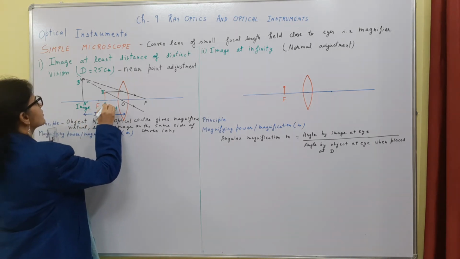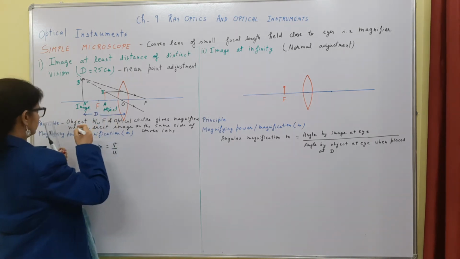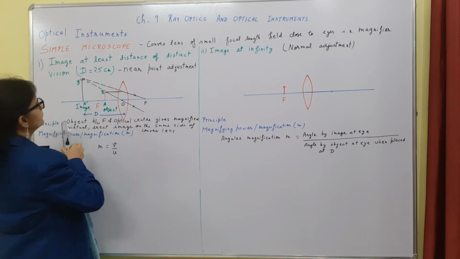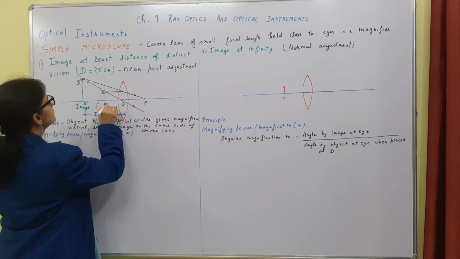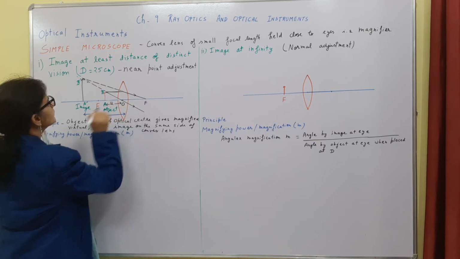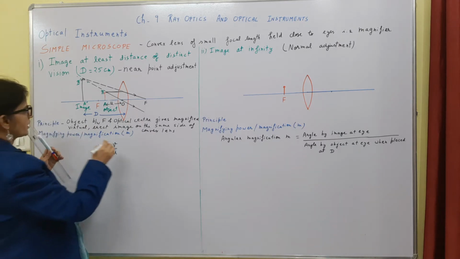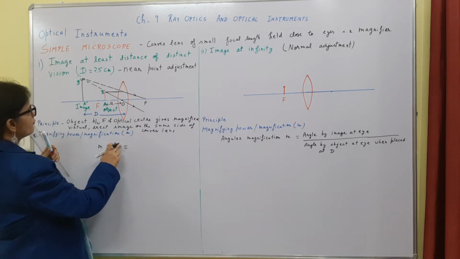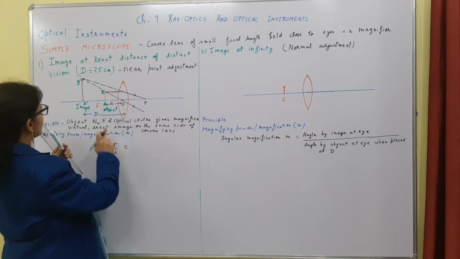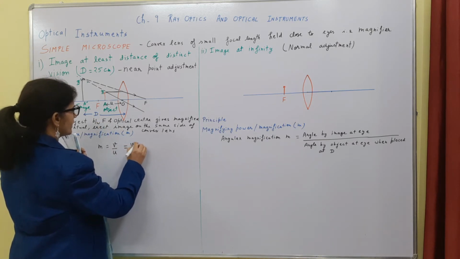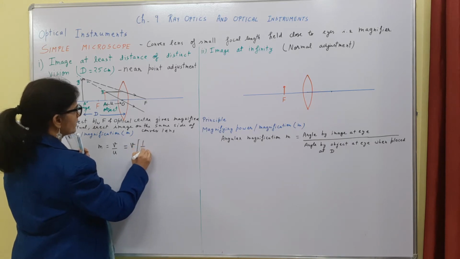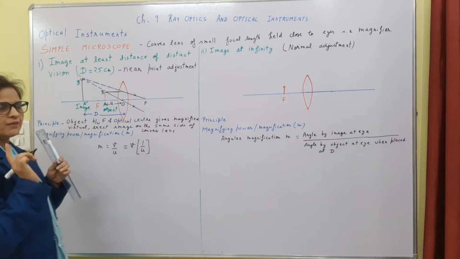Object is here, so its distance I will mark as u. So what will be the magnification? Magnification will be v upon u. Later on we will place the values. First of all, I am just writing it, v multiplied by 1 by u.